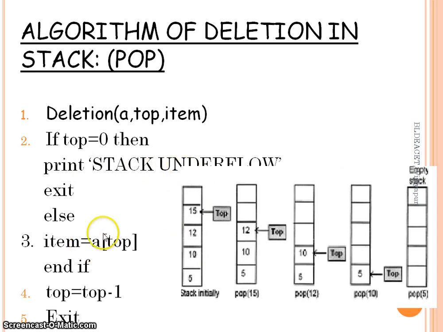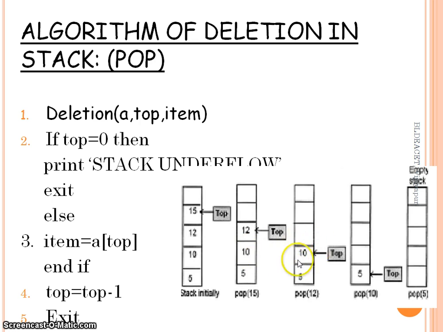After checking this condition, you pop the topmost element of the stack. Now top is pointing to 15, so this element gets deleted and top decrements by 1, top equals top minus 1. Now top is pointing to 12. Again I perform one more pop operation, then 12 gets deleted and top is decremented to 10.